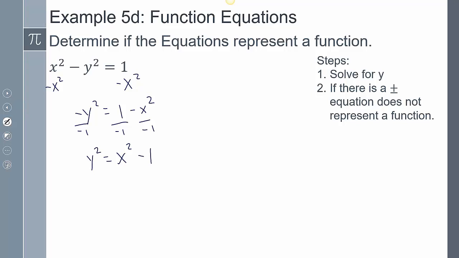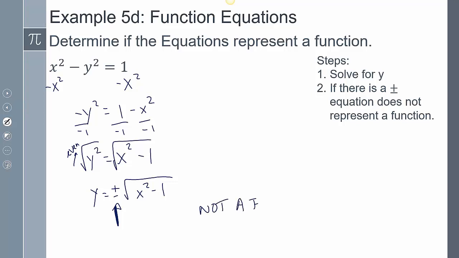I know I just switched the order, that's okay. It doesn't matter. If you guys in your analysis didn't do that, that's fine. Now getting y by itself, I take the square root to both sides. So now that I took an even root, because I took an even root to both sides, I'm going to have y equals plus or minus the square root of x squared minus 1. Because of that plus or minus, it's not a function.